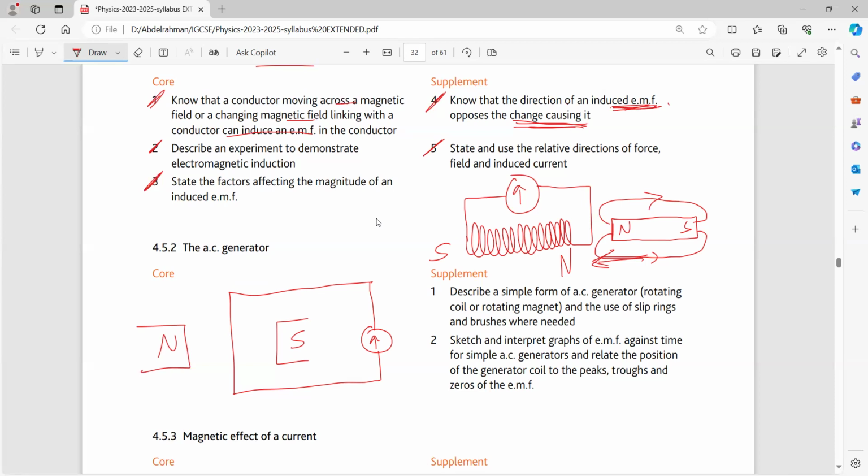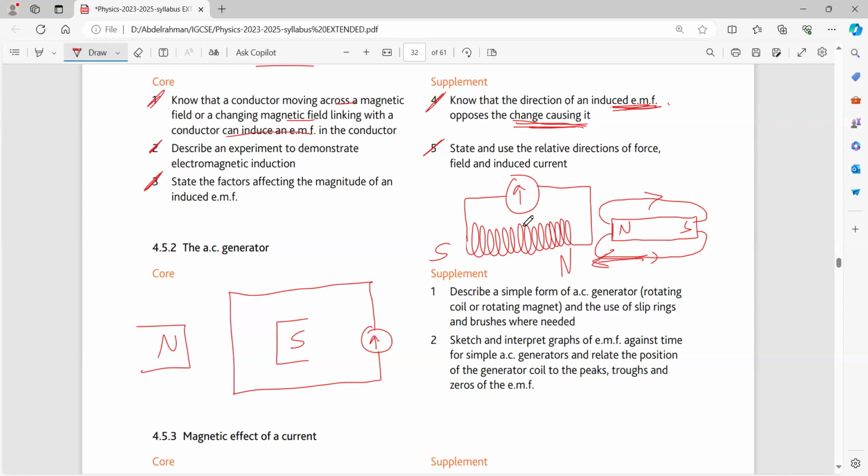The speed of the motion, the speed of the rotation, the strength of the magnetic field, and the number of turns in the coil. Any questions? I know this part might be a bit tricky.